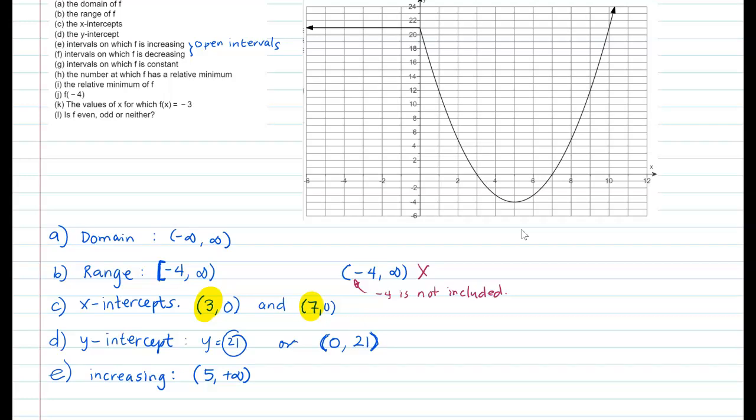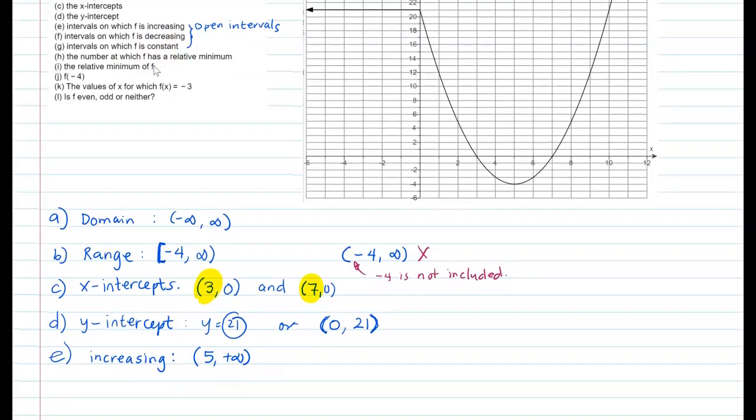That's for increasing, decreasing, and constant. If it's not indicated in the instruction, just remember it should be open intervals. Those are the open intervals for which the function is increasing, decreasing, or constant.